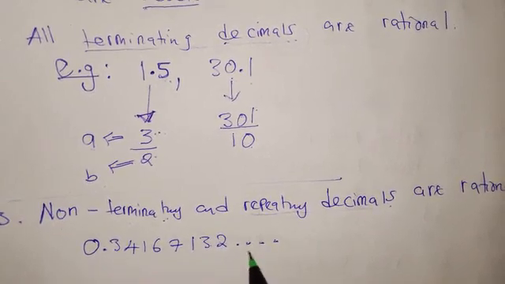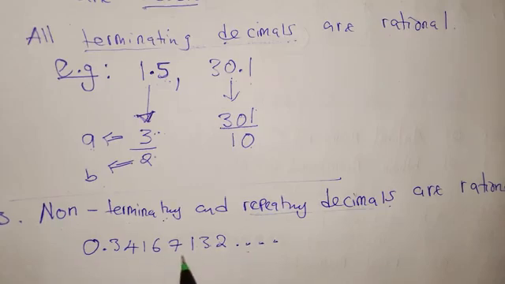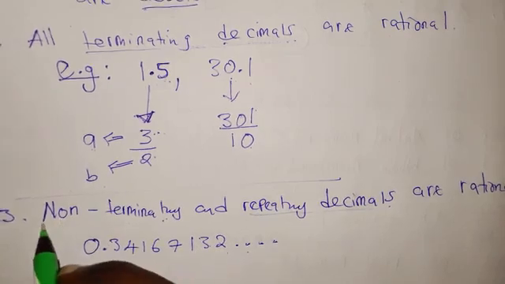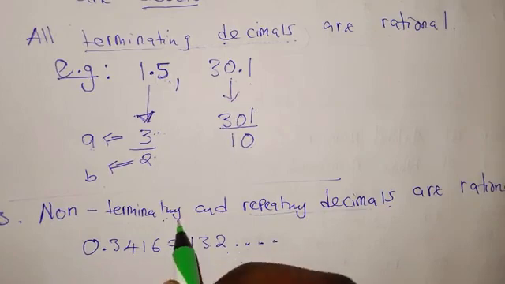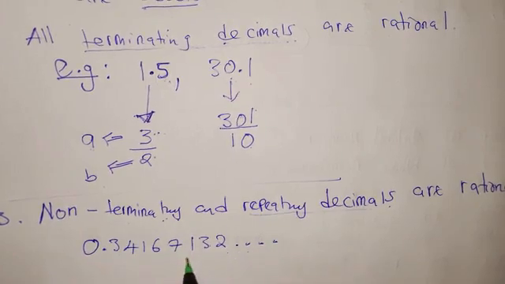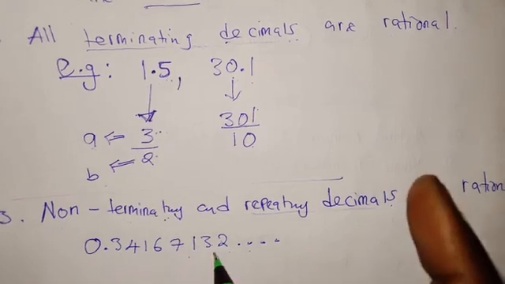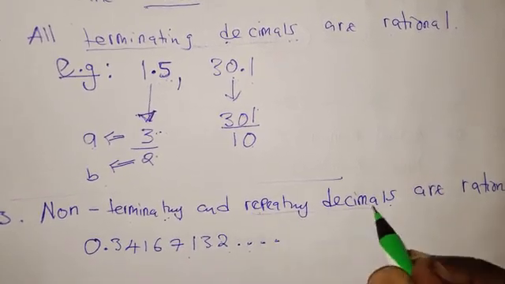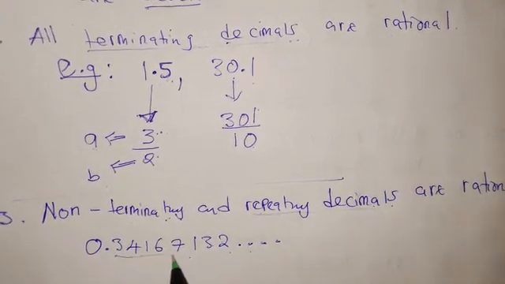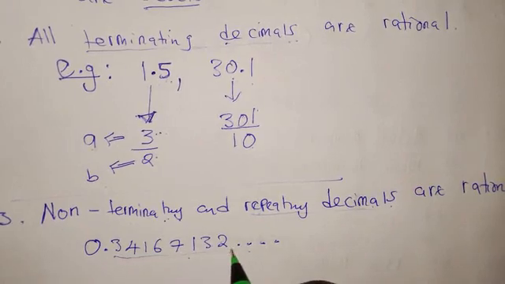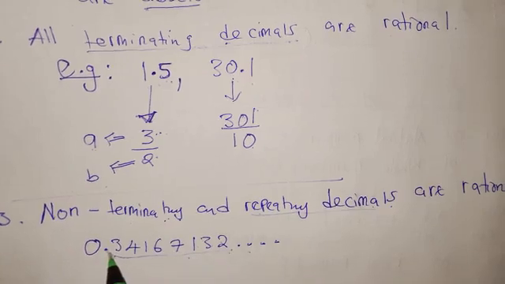It is not ending. But there's a concept of repeating decimals, and these decimals here are not repeating. After a point, I have 3, 4, 1, 6, 7, 1, 3, 2.